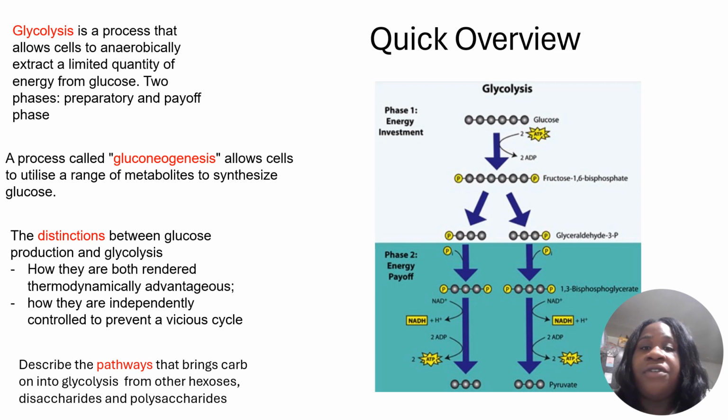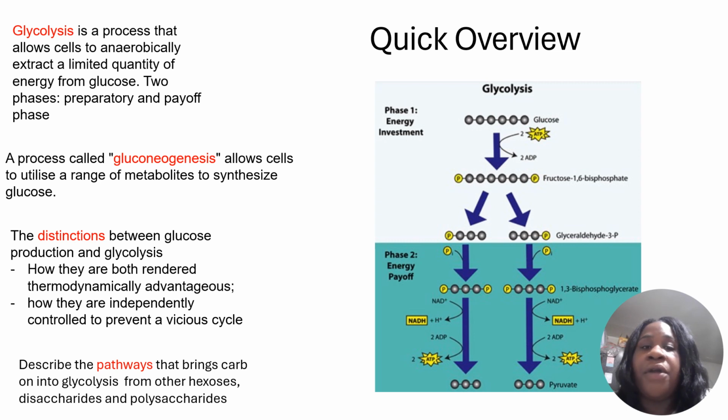Glucose is phosphorylated to glucose 6 phosphate by hexokinase. Glucose 6 phosphate is isomerized to fructose 6 phosphate by phosphoglucose isomerase. Step 3, fructose 6 phosphate is phosphorylated to fructose 1,6 bisphosphate.